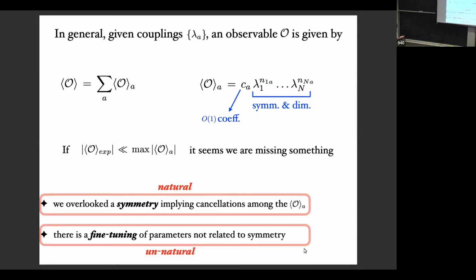If you want, you can think abstractly of this as being different amplitudes in the sum of histories. This could also be viewed as different histories, which depend in a different way on parameters.